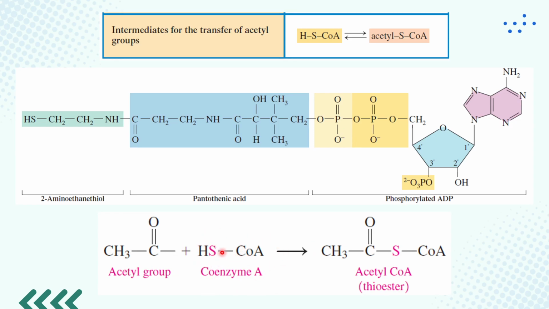And itong HS or itong SH na nakikita nyo, kids, this is referring to this portion of the structure of your coenzyme A. So as you can see, this is your adenosine pa rin, but instead of the usual adenosine, the third carbon here in your ribose is phosphorylated, so that is why it is emphasized here as phosphorylated ADP.